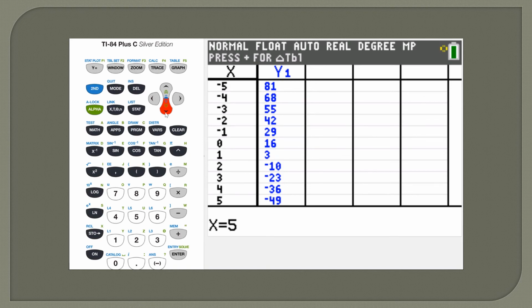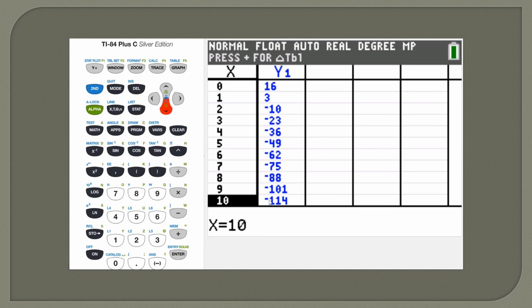So let's scroll down just a little bit more. And right there, negative 114, when x is 10. Or I could say that the 10th number of the sequence is going to equal negative 114.